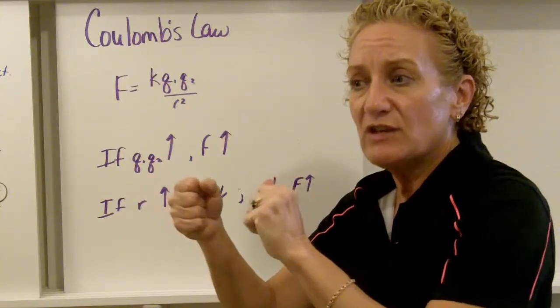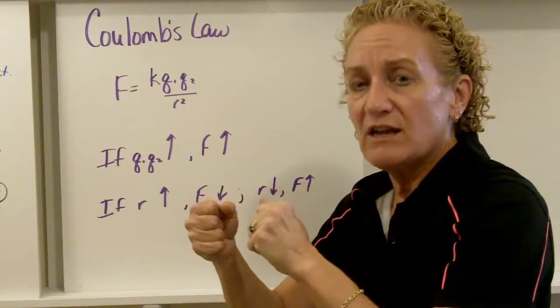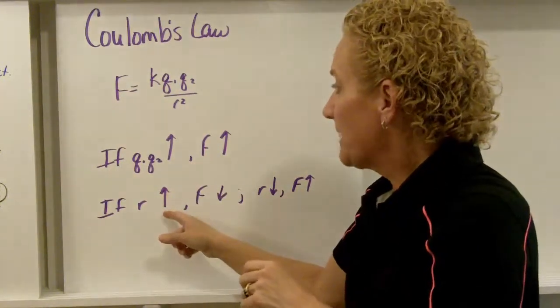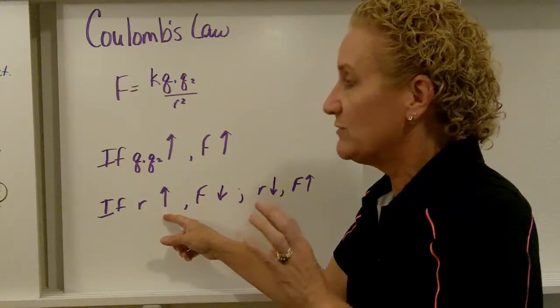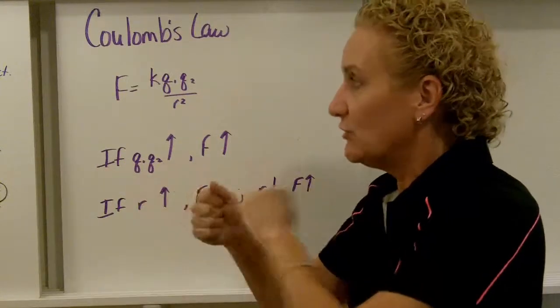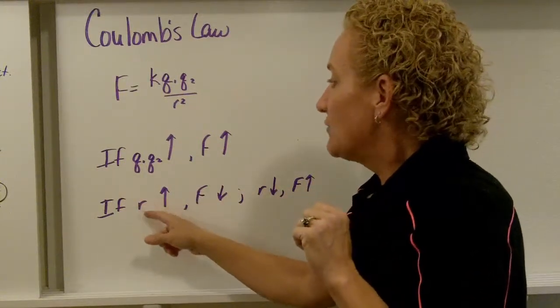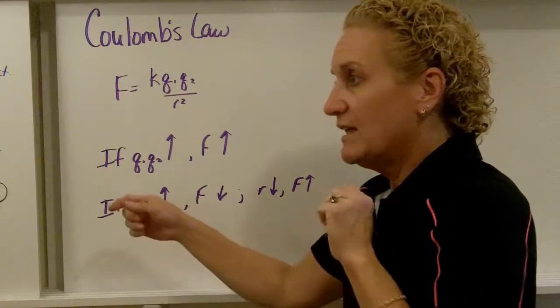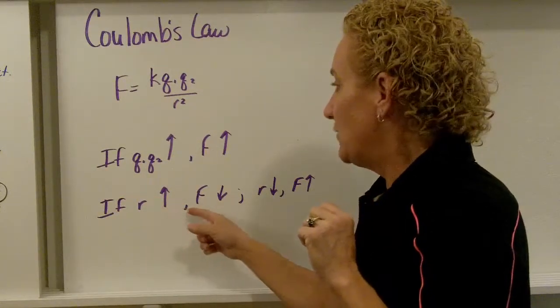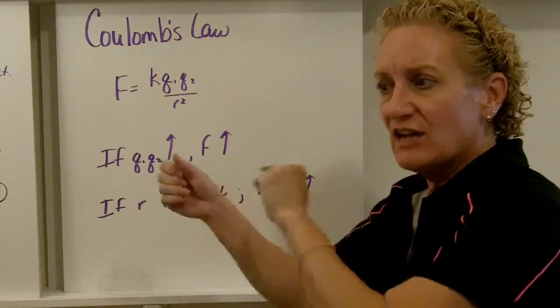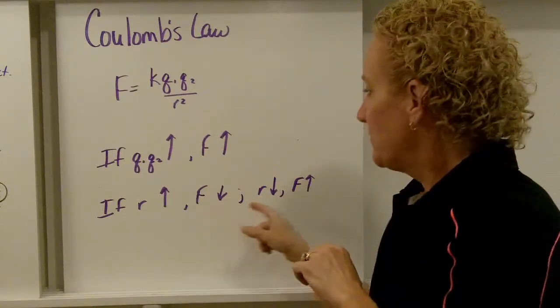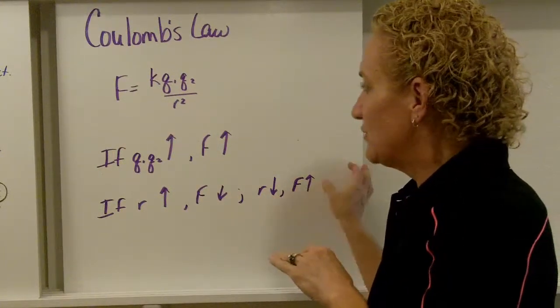When two bodies get closer together, that force gets stronger. So as the radius gets bigger, the force gets smaller. But the way I like to think of it is this: as they get closer together, that force gets stronger. So the radius gets smaller, the force gets stronger.